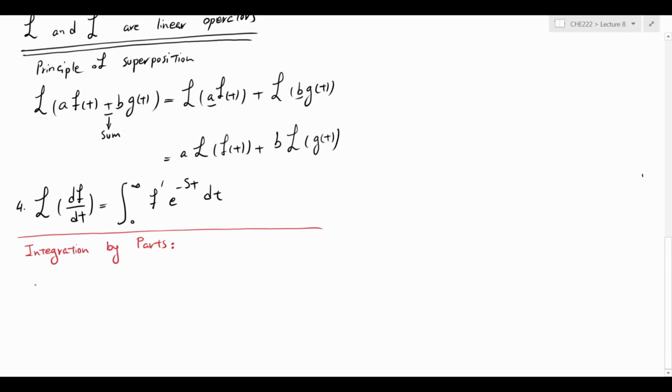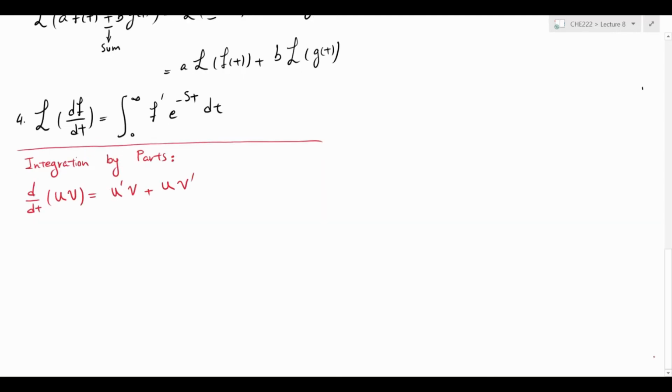For example, if we have the derivative of the multiplication of two functions u and v, it is equal to the derivative of the first function u prime times the second function v plus the first function u times the derivative of the second function v prime.